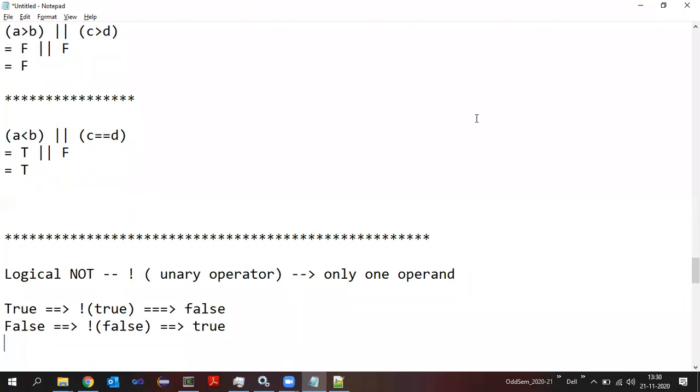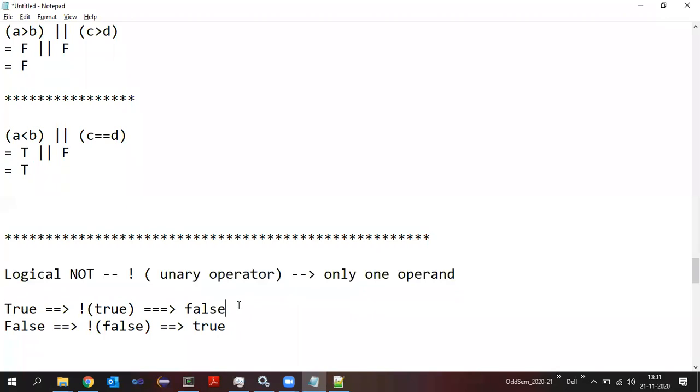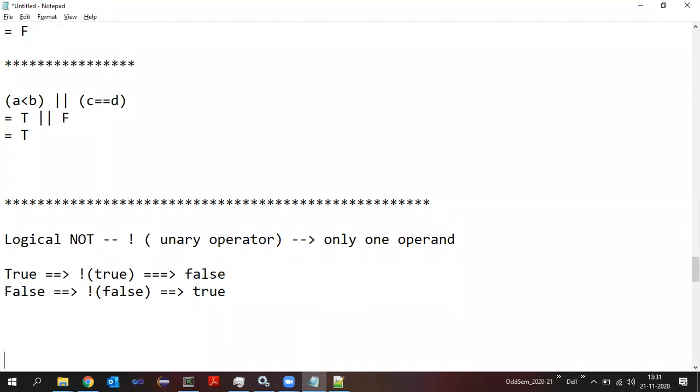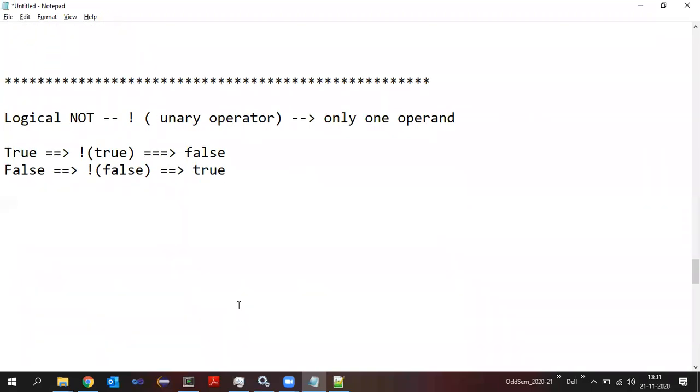So basically, logical not just reverses its answer. We know it can have only two possible values, a true or a false. If it is true and you perform not operation, then the result is false.